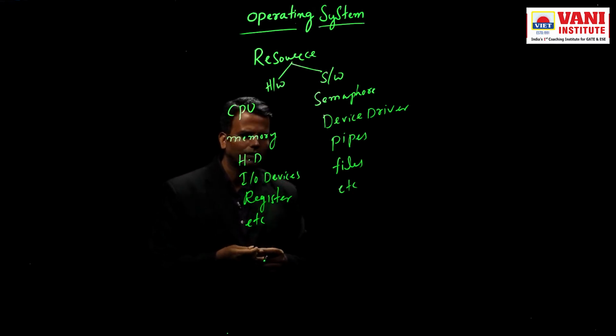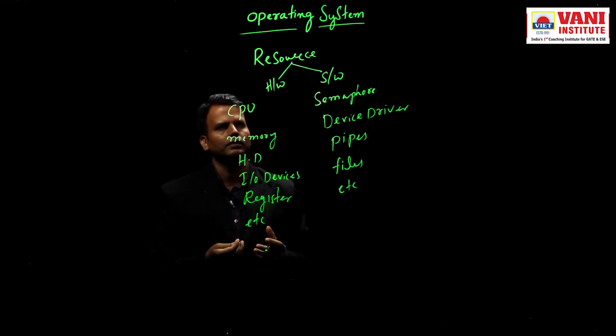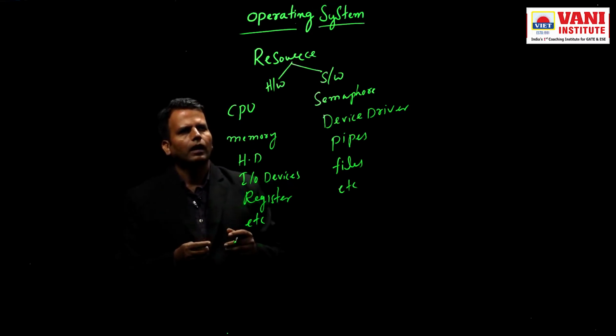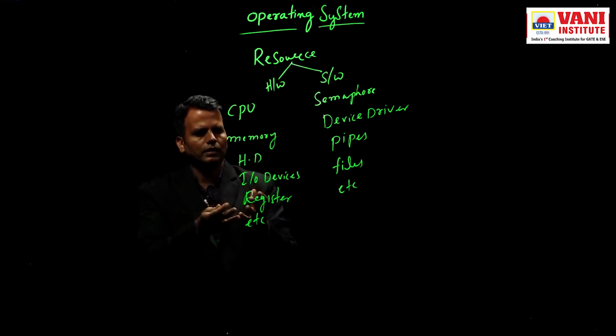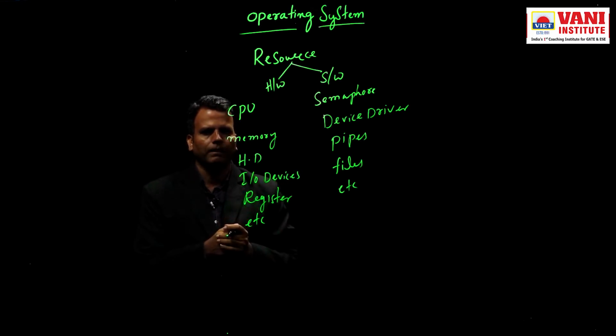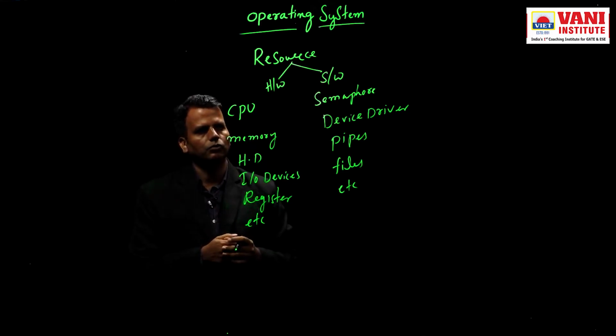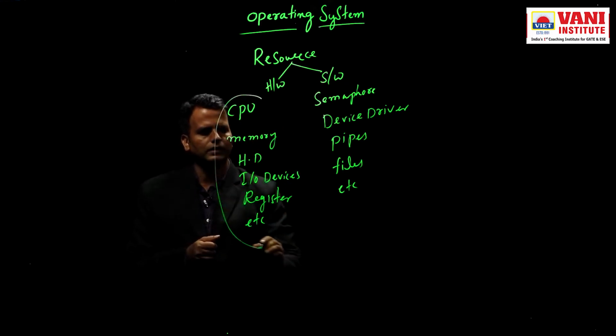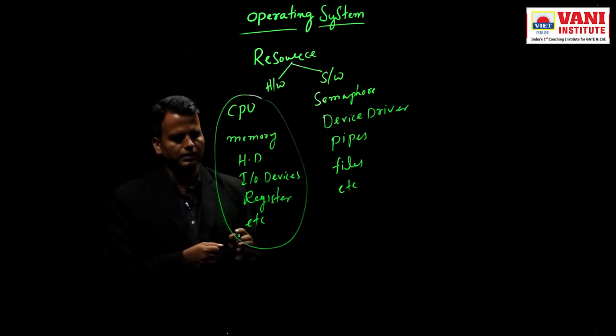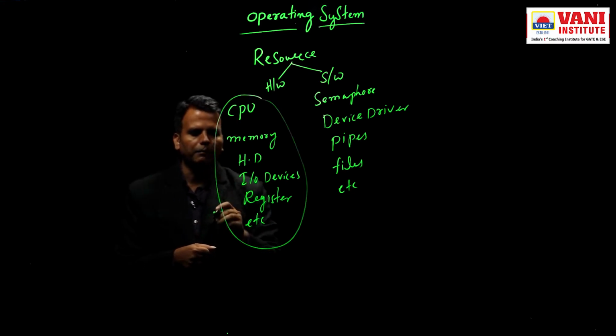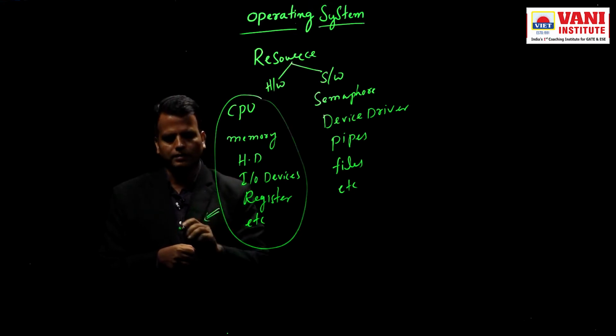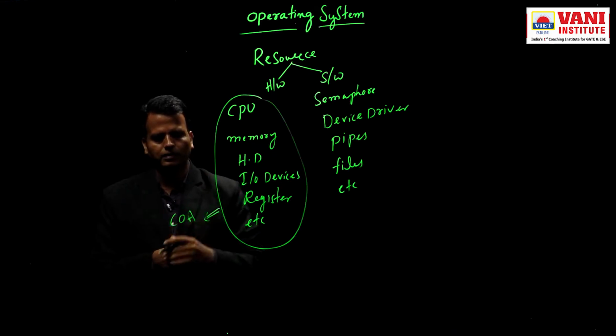But the next question is: why am I discussing these things with you? This is the main question actually. If I say resources are only hardware resources, then my subject would be computer organization and architecture, COA, which is a better subject for that.